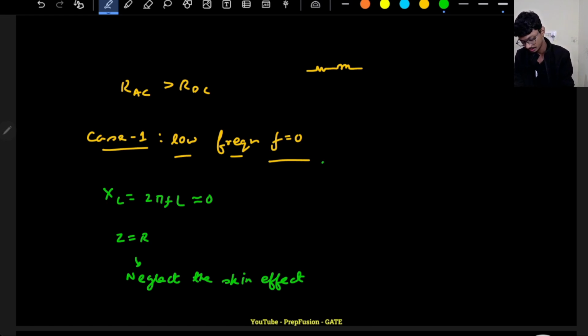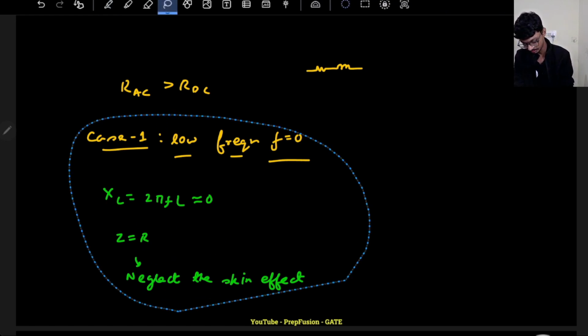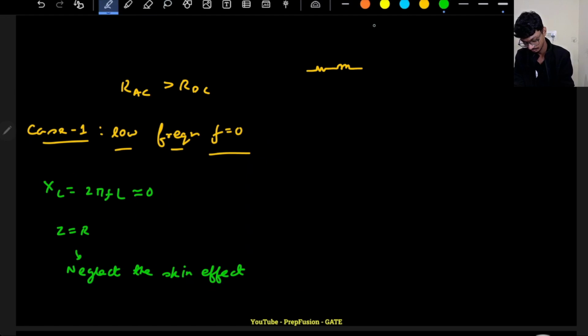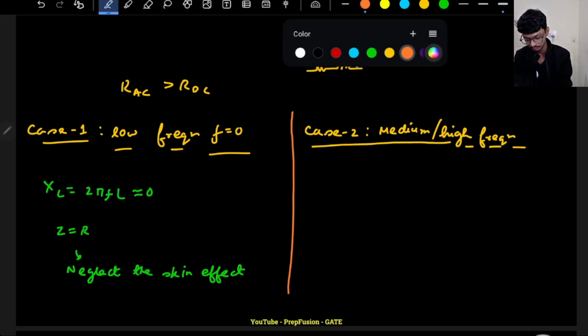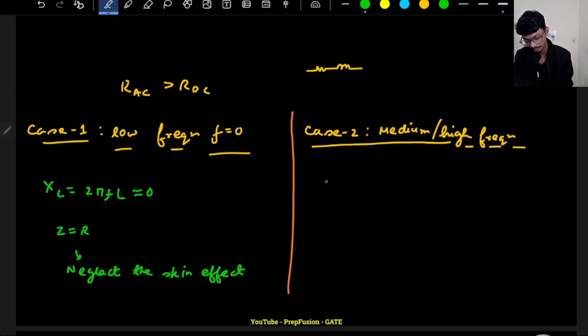So in medium to high frequency, what will happen?